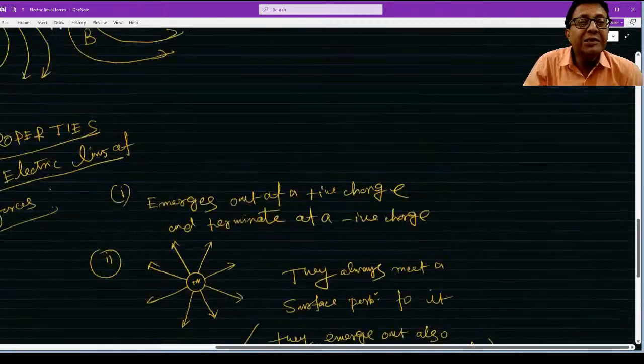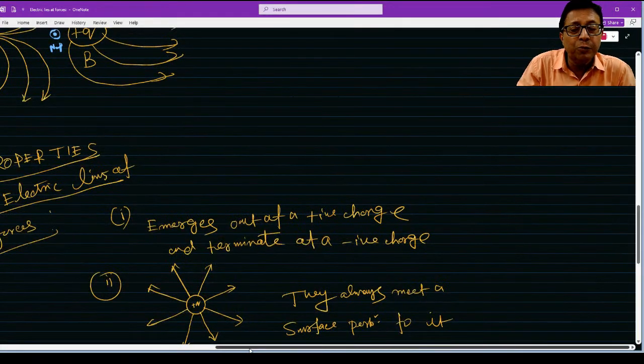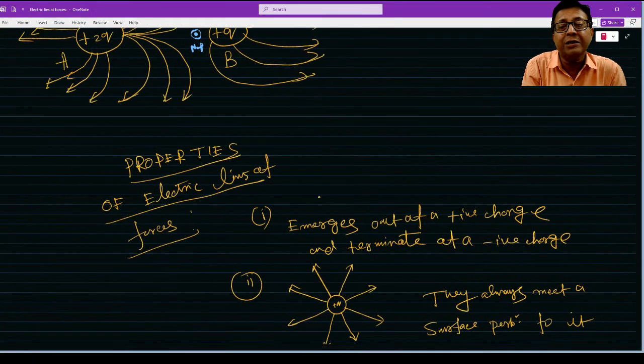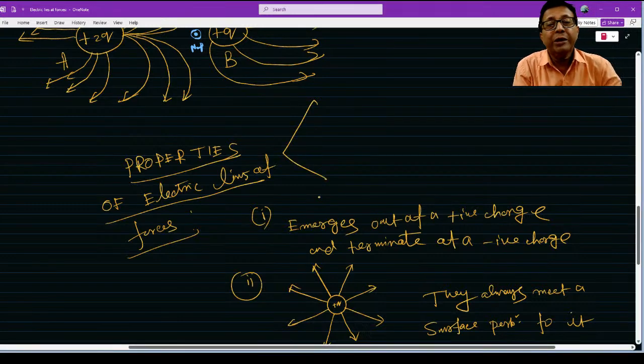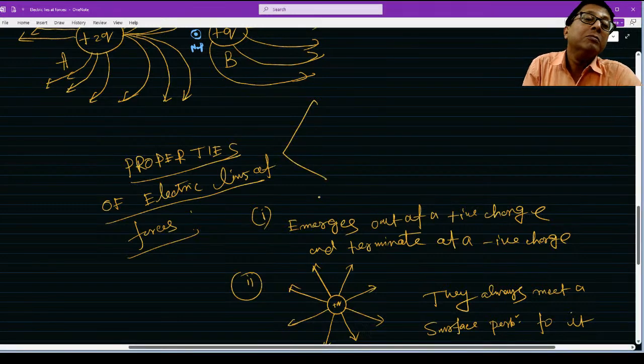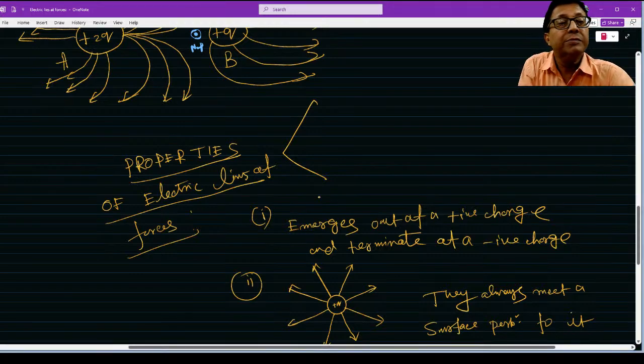Because this time, we can make the definition of electric lines of forces in this manner. I am writing a good definition of electric lines of forces.